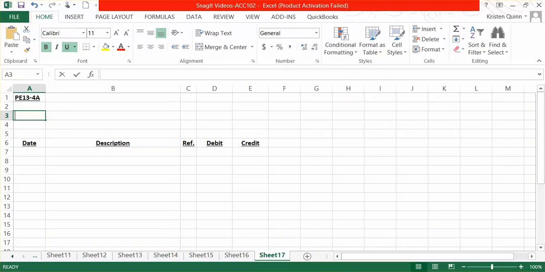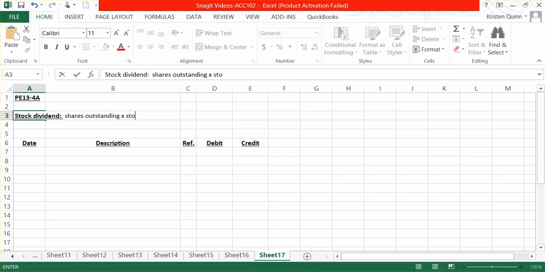When dealing with the stock dividend, the first thing that we need to do is determine how many additional shares of stock we are going to distribute as the dividend. And we do that by taking the shares that are outstanding and multiplying it by the stock dividend, which is given to us in a percentage.